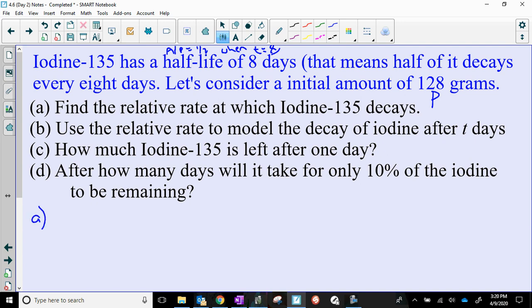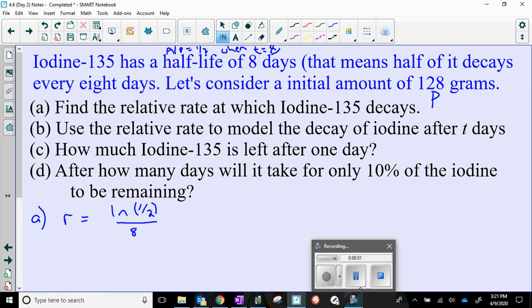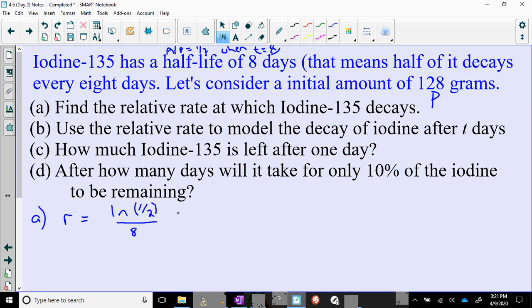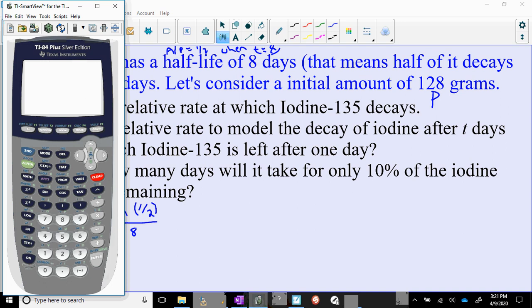All right, so let's go to part A. Find your relative rate of decay if you know the half-life is 8 days. So you just take the natural log of 1/2, and you divide it by the number of days to get there. So we go ahead and calculate this, and we'll store it in our calculator. The natural log of 1/2 divided by 8.